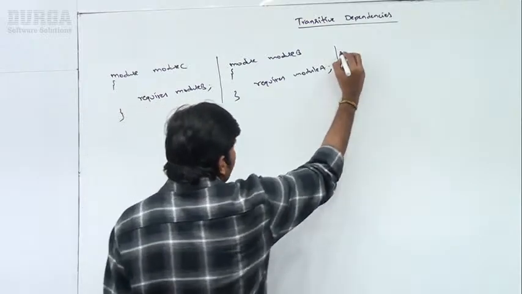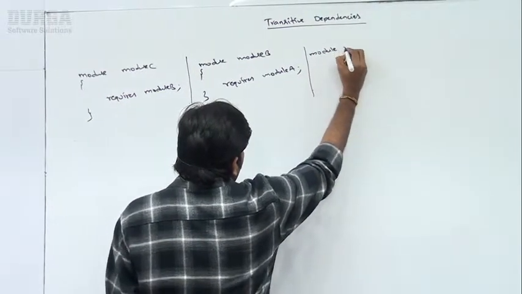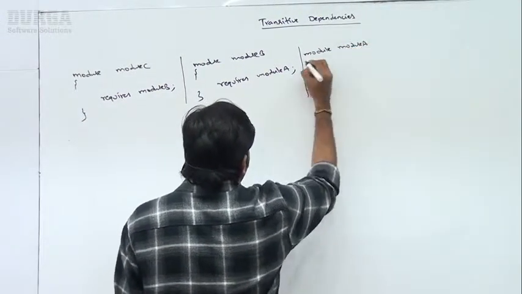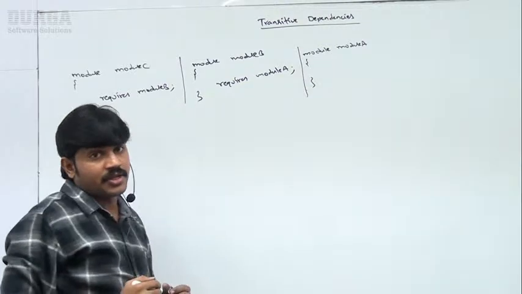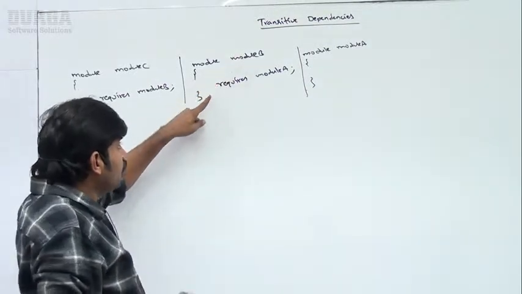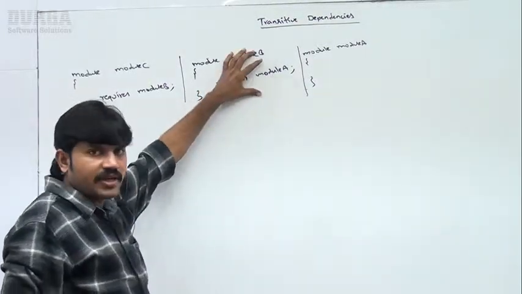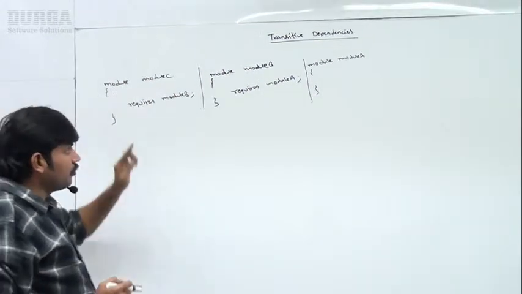Now module A is available. That's all. Observe a bit carefully. So for module B, module A functionality is required. For module C, module B is required.